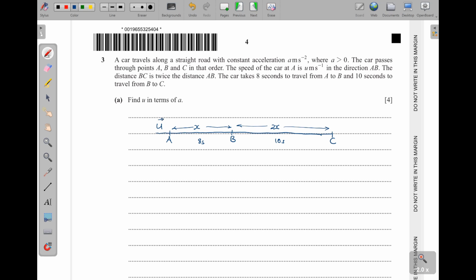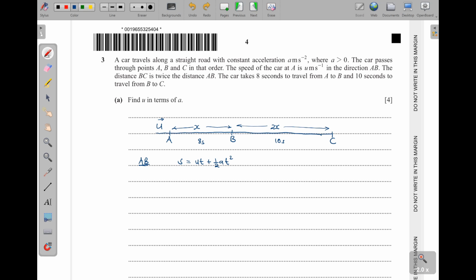Now, let us look at the movement within A and B. So if we say s is equal to ut plus a half at squared, here we are using these equations of motion because acceleration is constant. Okay, they said constant acceleration.